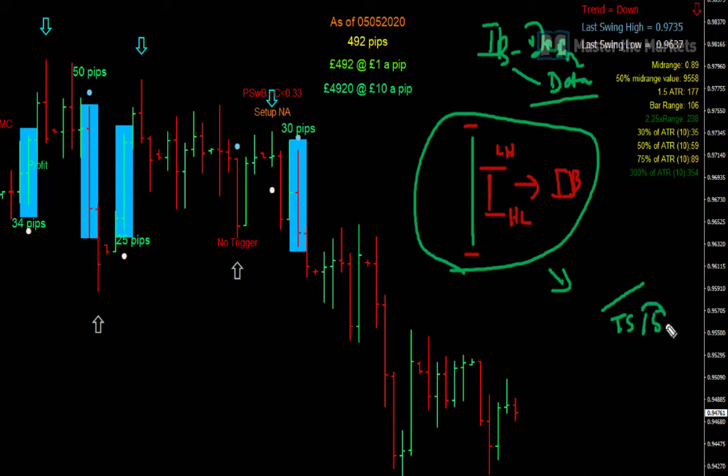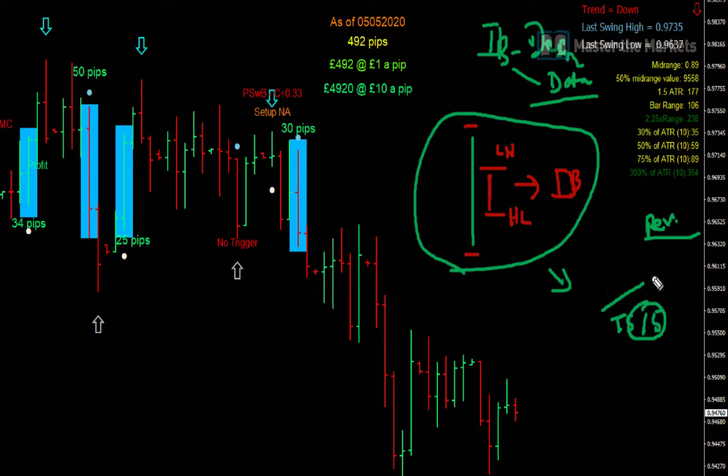Now, out of that 15, you have to ask yourself, how many of those insider bars reverse or continue? Let's keep our question pretty simple and say how many of those insider bar patterns reverse.